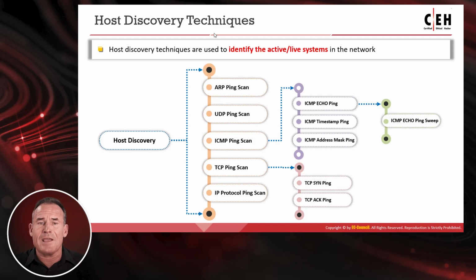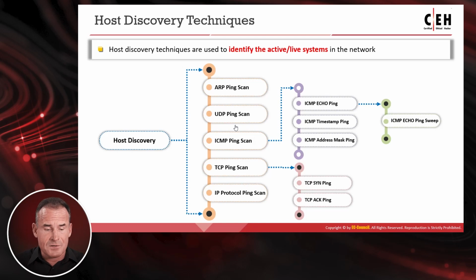Host discovery techniques are typically called ping sweeps or network sweeps. A ping sweep doesn't have to be ICMP. It's anything that elicits a pong for your ping. For example, a TCP connect or a UDP packet. If they elicit a response, gotcha, you responded, you must be a live host.